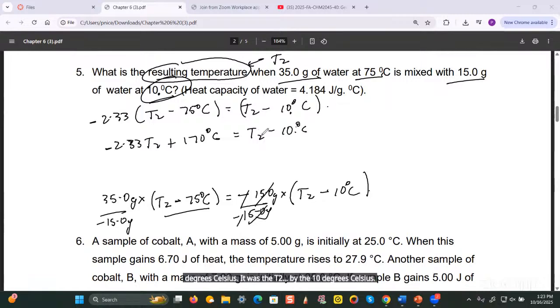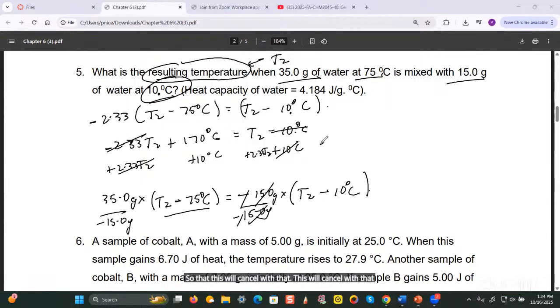And then now, to get like terms on both sides, what I will do is add 10 degrees Celsius to both sides, and I would add 2.33 T2 to both sides. So that this will cancel out with that, this will cancel out with that.